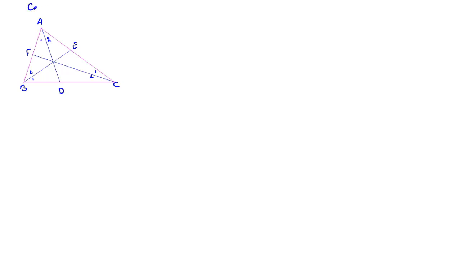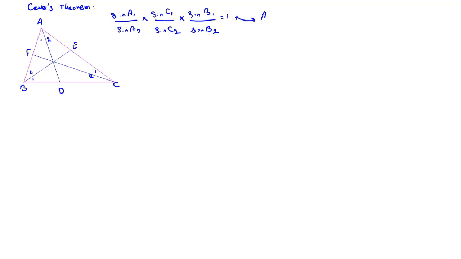Then by Ceva's theorem, sine A1 over sine A2 times sine C1 over sine C2 times sine B1 over sine B2 is 1. If it is 1, it is equivalent to AD, BE, CF being concurrent.